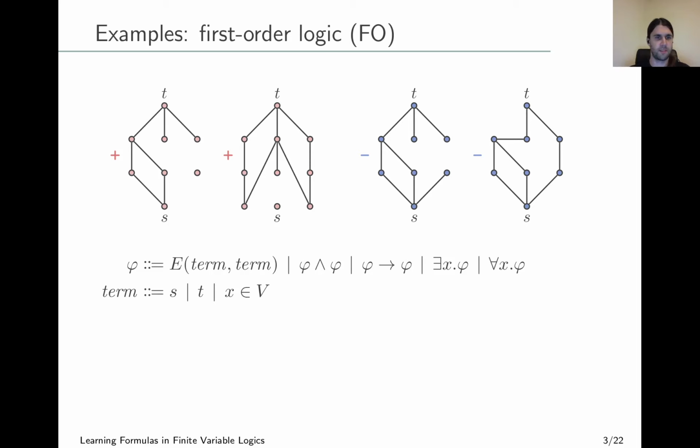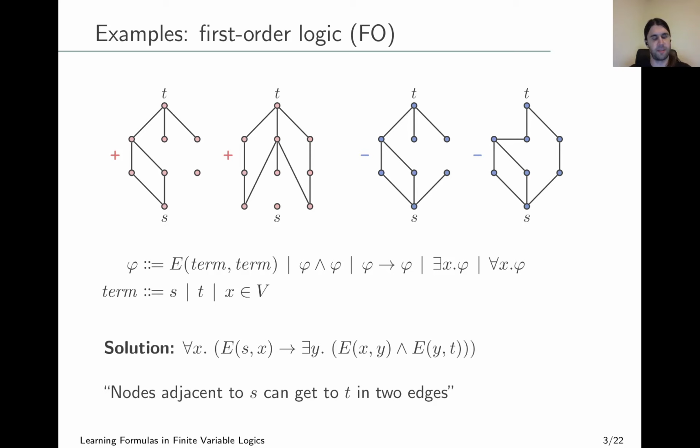All right, so one solution then could be this. This just says nodes adjacent to S can get to T in two edges. So is that true? Okay, first positive structure on the left. Here are two nodes adjacent to S, and they each reach T in two edges. Okay, second positive structure. That's vacuously true because there are no nodes adjacent to S. Leftmost negative.